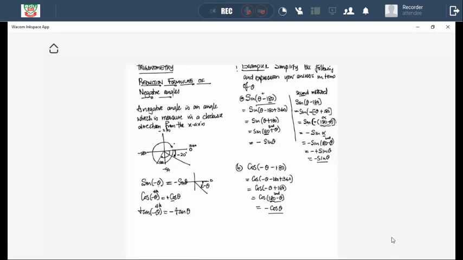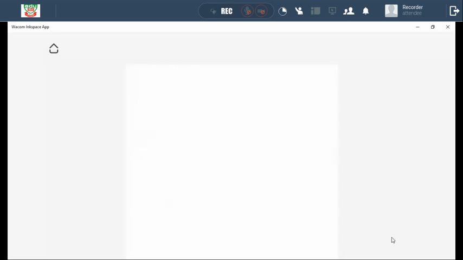Let's look at how you manage this if it was presented in terms of a square. Right, now look at this one. This is C. On your C, you are given something like this. Simplify the following.